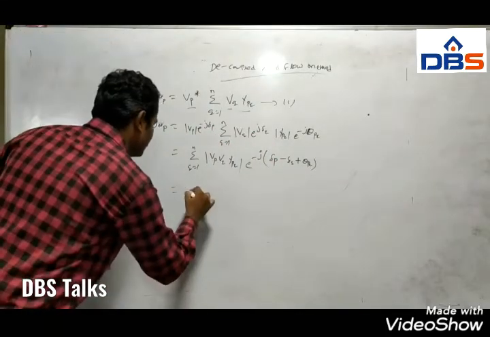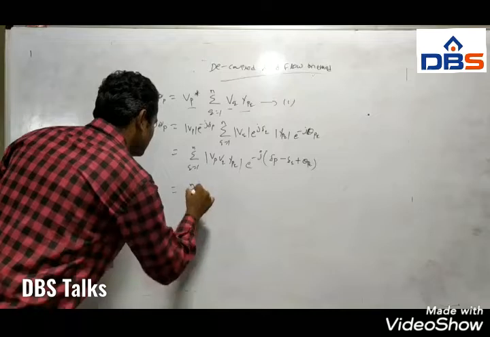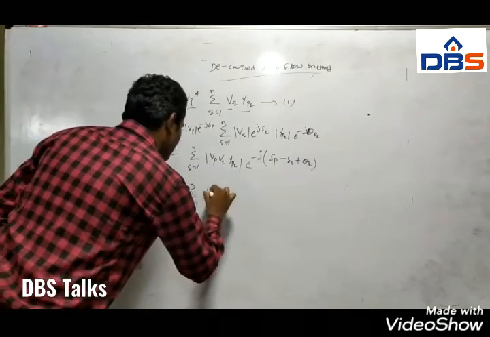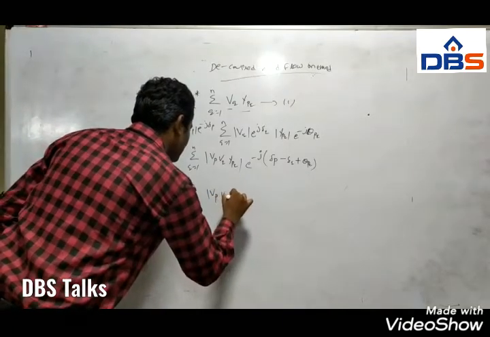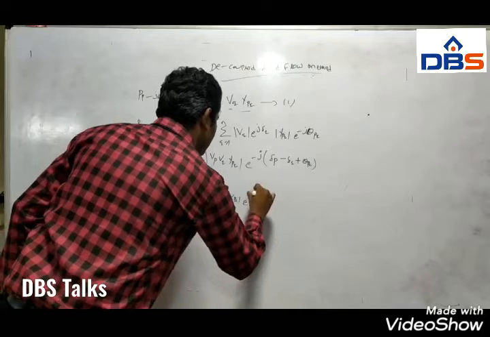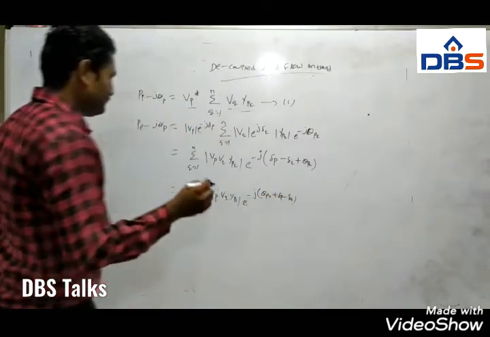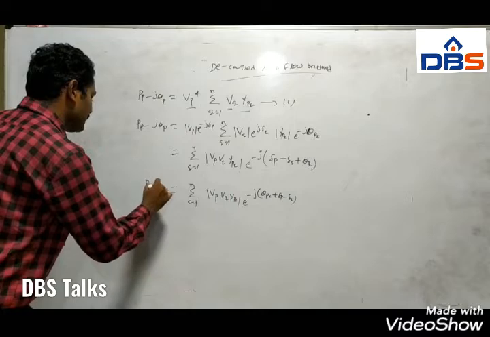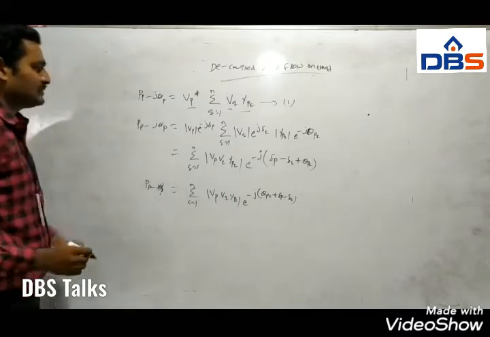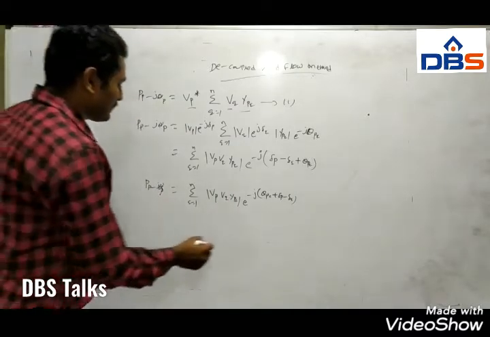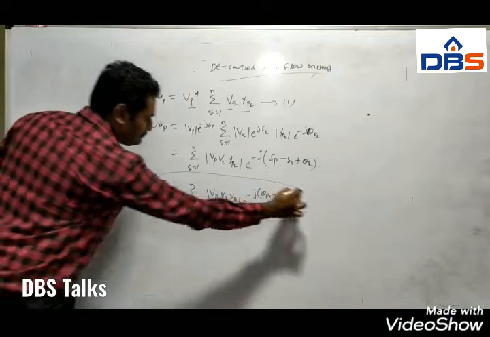So we get sigma q equals 1 to n mod Vp Vq Ypq e power minus j of theta pq plus delta p minus delta q. This is the final term after substituting those conditions.